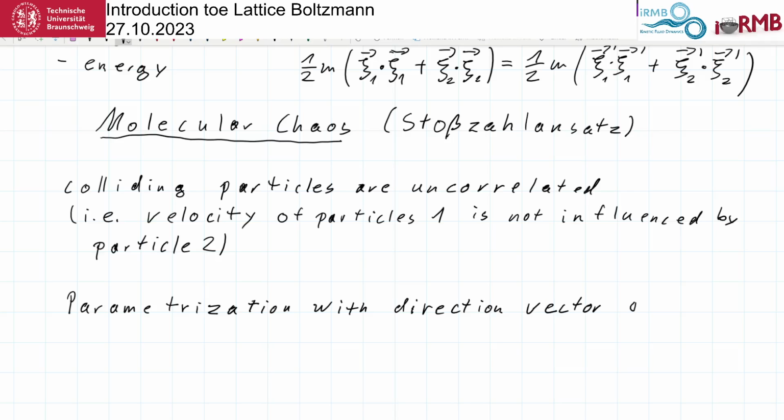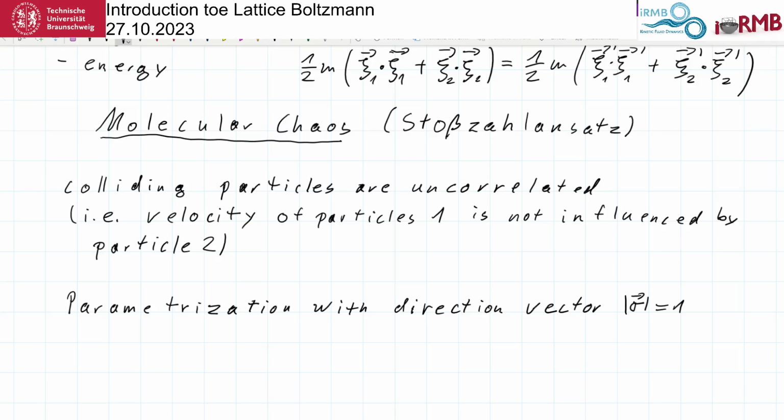We call it sigma, and all we demand of this direction vector is that it has length 1. So direction vector means it's a kind of unit vector that goes in any direction, right? And it has length 1.